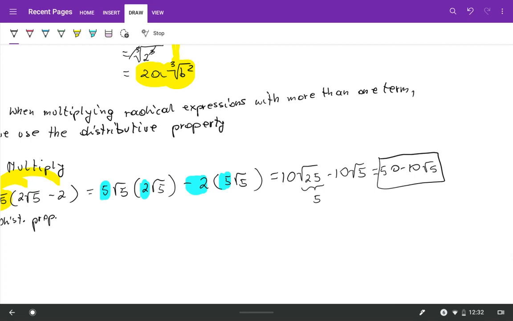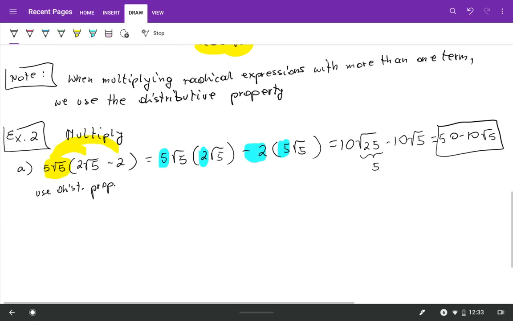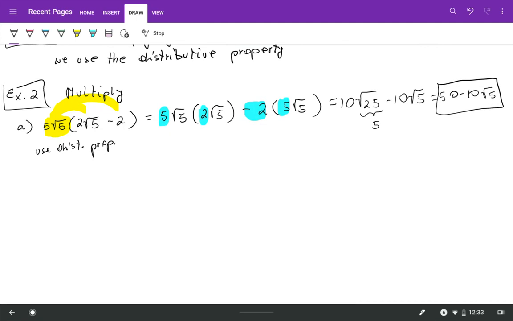Let's do more. I'll make sure I go through all the examples which you will need to study. Example 2b.